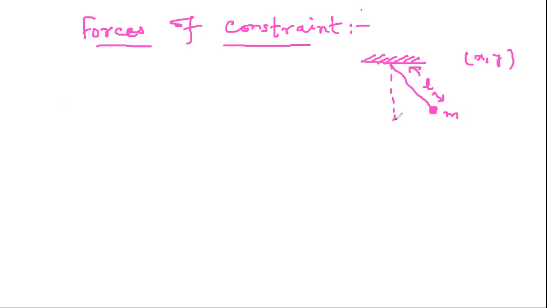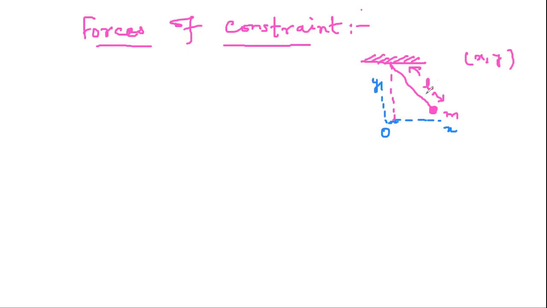Suppose this is my coordinate system, I take origin, for example, here. So this is x, this is y. So if it is my coordinate system, it appears that there are two independent variables in the system, x and y.